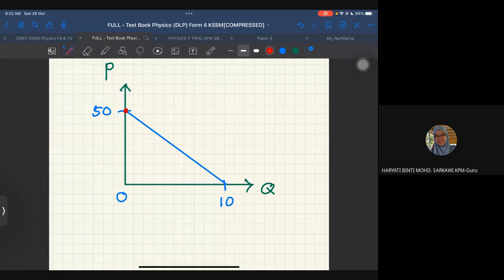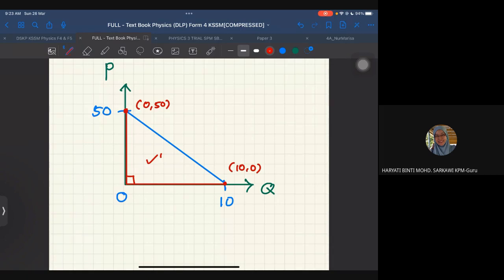So this is the coordinate 0, 50. This is 10, 0. When you use these two points, you are using this triangle, which means all the data is in your calculation. So this is tick 1 mark for the gradient, because gradient normally is 3 marks.